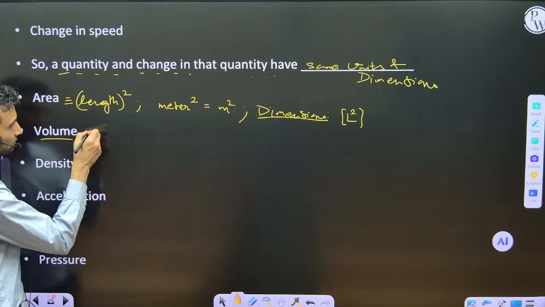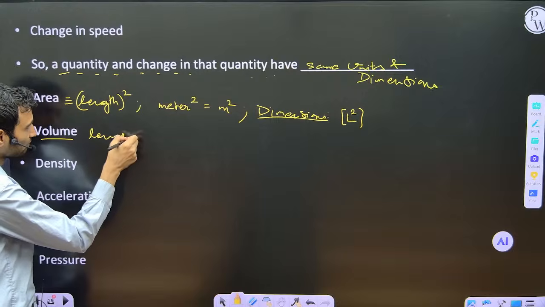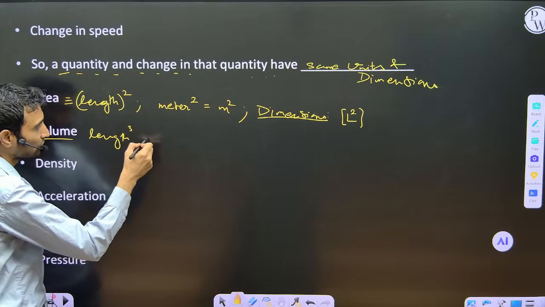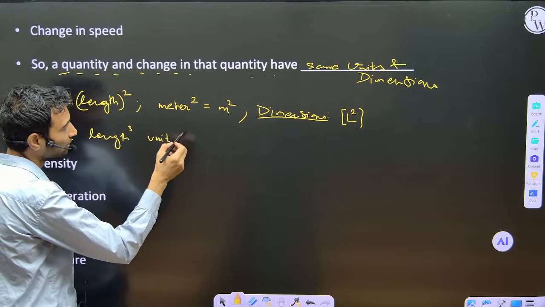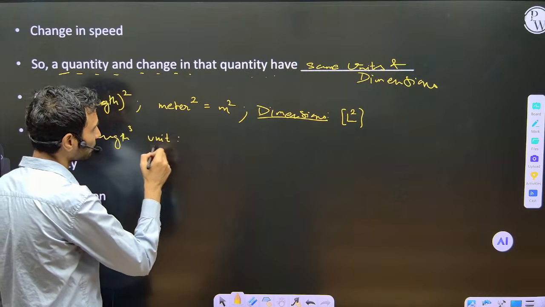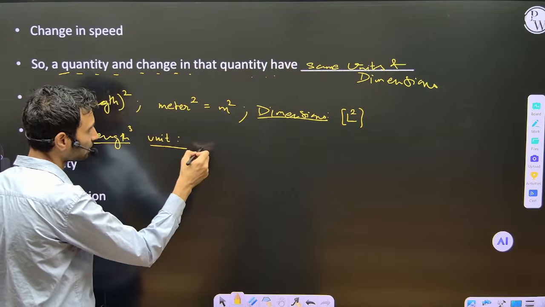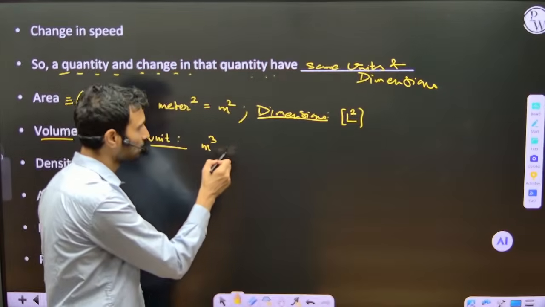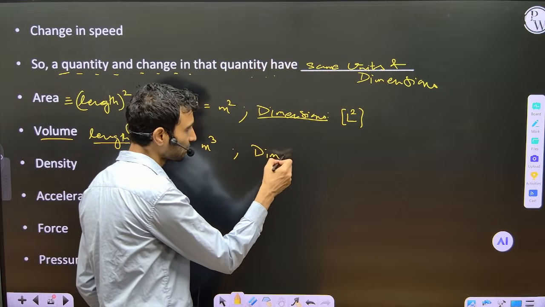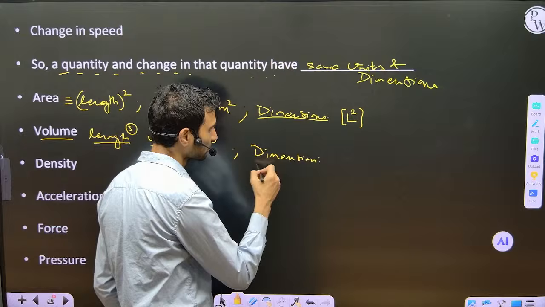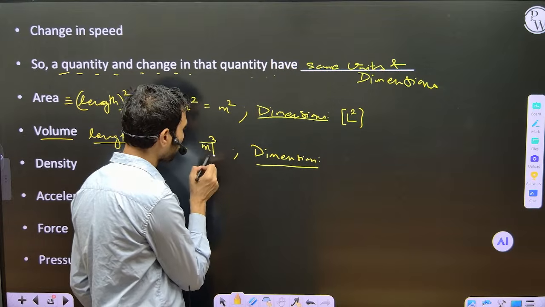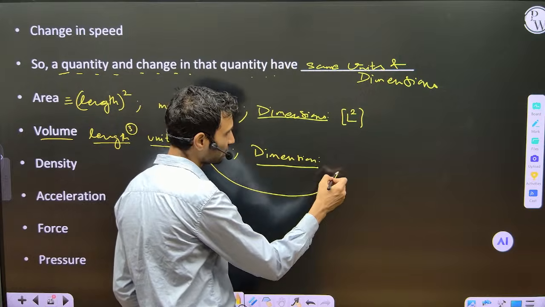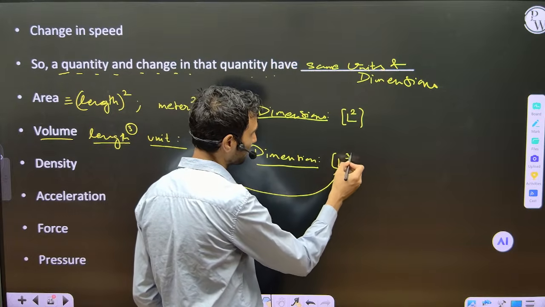Similarly, volume is length cube. So the unit will be meter cube. Likewise, what will be the dimension? M translates to L, and that becomes L cube.